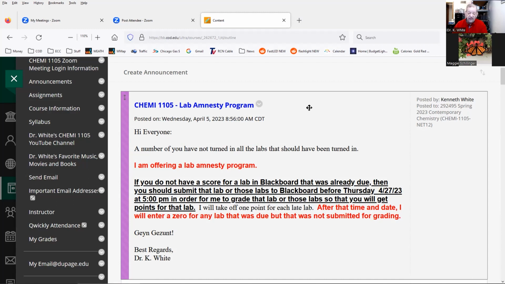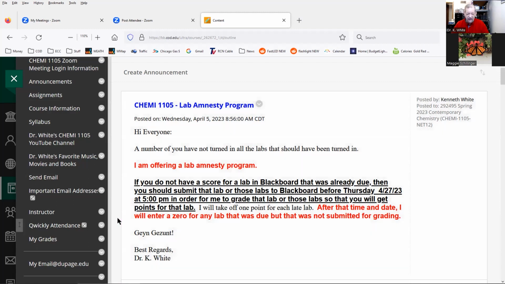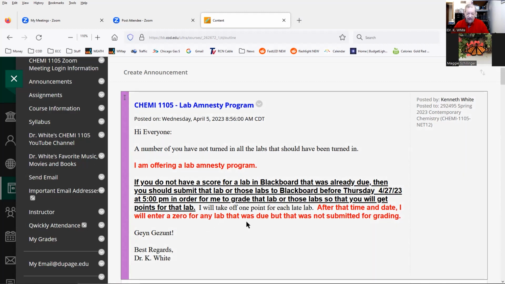Because it is late, I will take off 1 point for each lab you submit. If you had a perfect score, normally 10, since it's late, even under the amnesty program, you'll get 9. If it was less, I still take off a point. After that time and date, I will enter a 0 for any lab that was due but was not submitted for grading for the labs we've done so far.